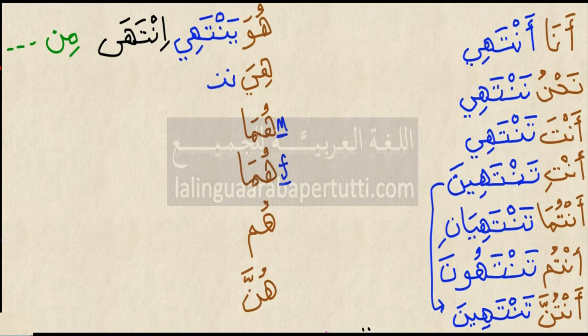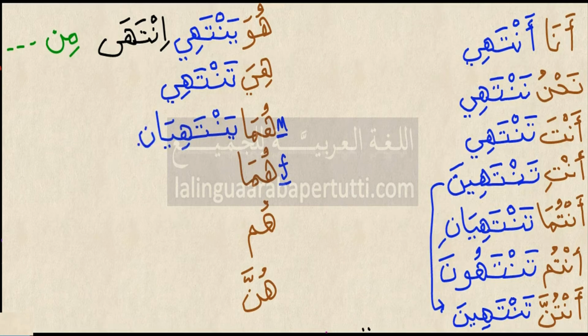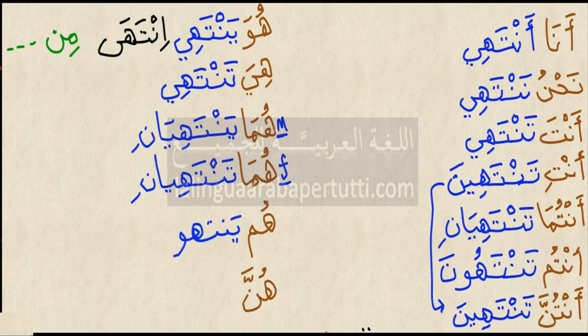هي تنتهي. هما masculine ينتهيان. هما feminine تنتهيان. هم ينتهون. هن ينتهين.